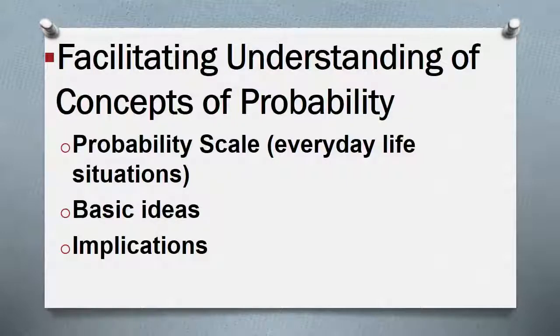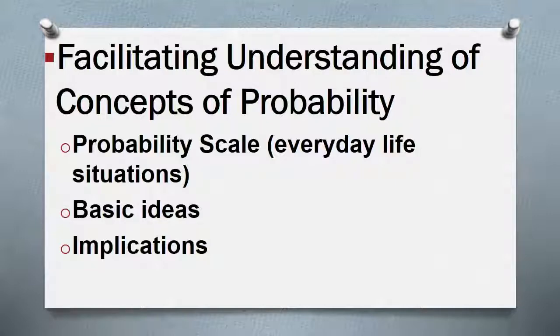On a probability scale, you find the 0, which represents a situation that will never happen. For example, rain falling in August, the probability is likely to be 0. And then you have a quarter, probability of a quarter on the probability scale, which is unlikely to happen.